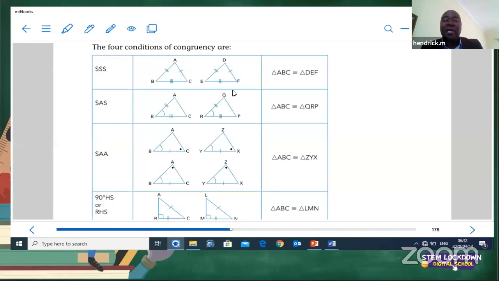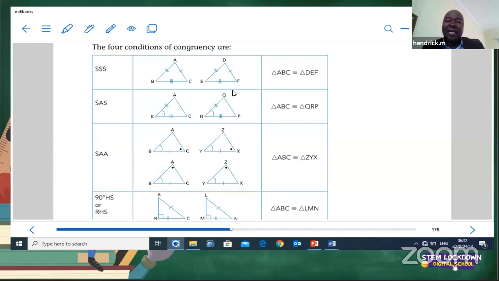The reason being side, side, and side. Why? Because AB is equal to DE, AC is equal to DF, and BC is equal to EF. So here in the first category, we're talking only about the sides.